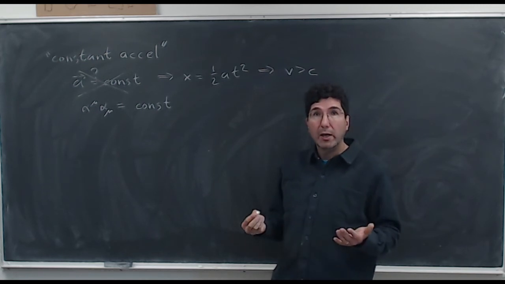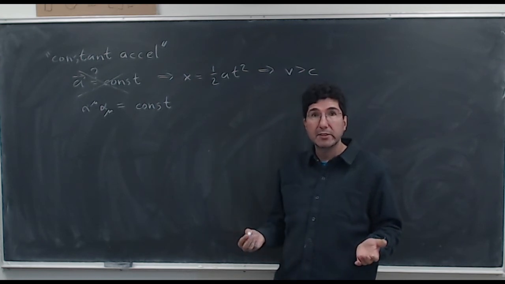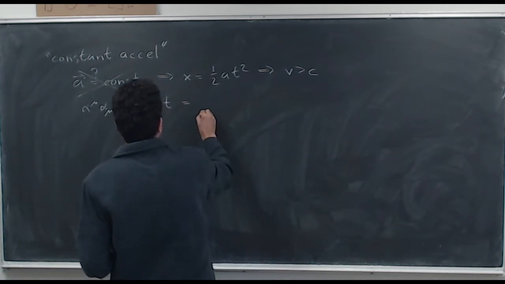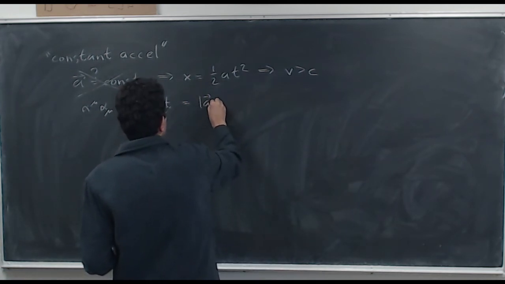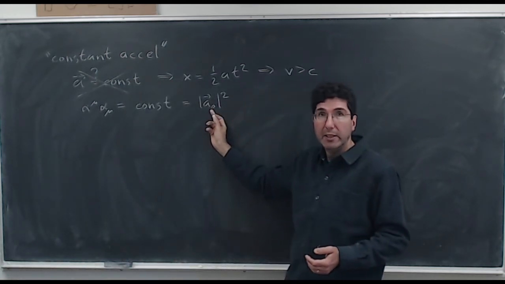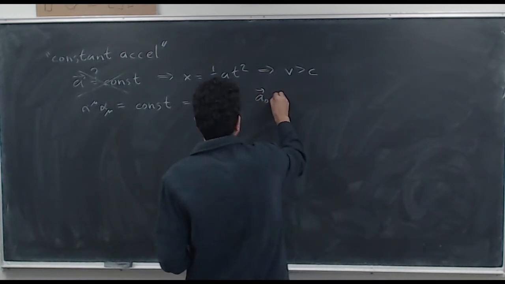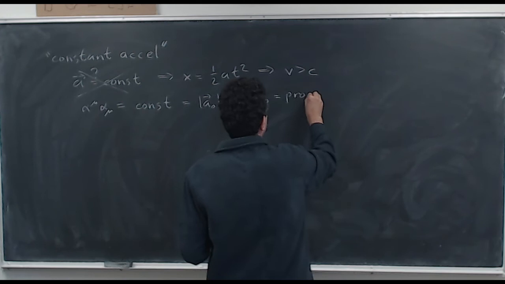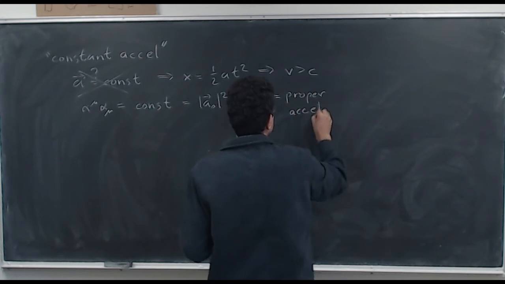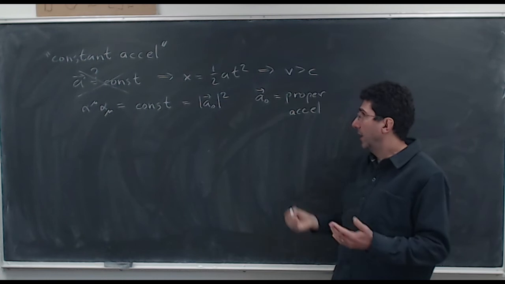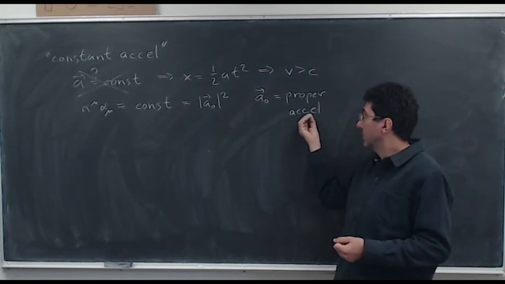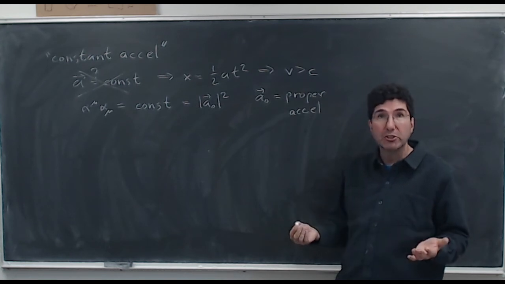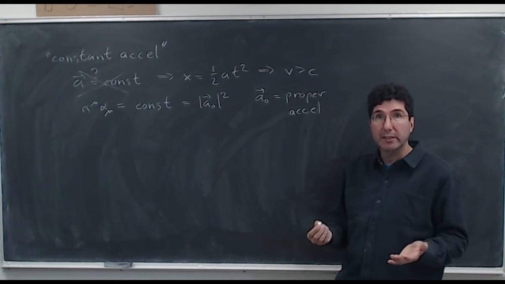What we just saw is that in the instantaneous rest frame of the particle, this quantity is just equal to the square of the acceleration. I'll put a little knot here because a0 is the ordinary acceleration in the instantaneous rest frame, so we'll call that the proper acceleration. This is the Lorentz frame invariant measure of how fast a particle is accelerating.